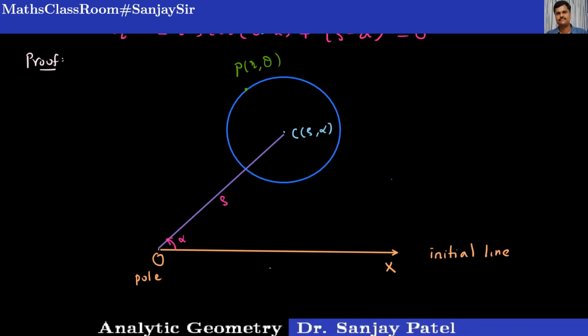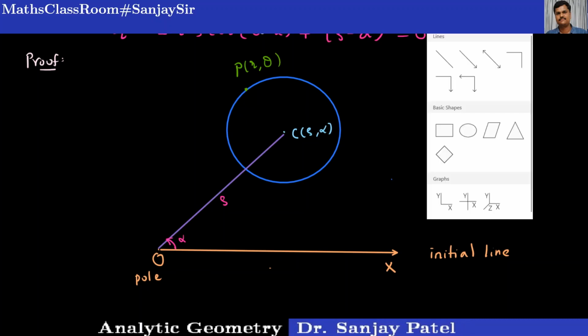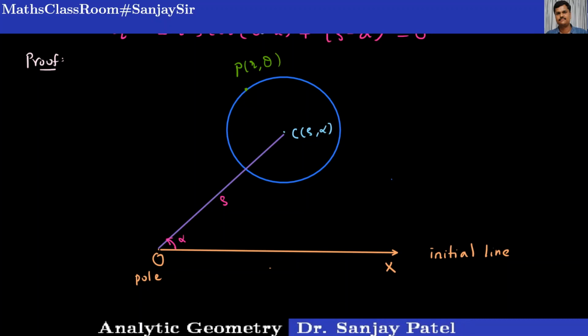And since P is on the circle, if you join P and C, what you will get is the radius of this circle. The line segment joining C and P is the radius of the circle, and we are given that the radius is small a. Now, what is r and theta?